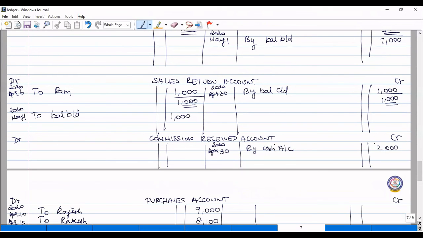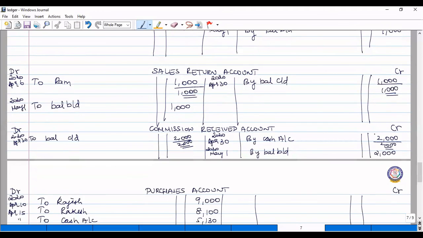Commission received, we have received a commission of rupees 2,000. So month end April 30th, when we balance it, to balance carried down, we will have 2,000. And on May 1st, we will have the balance brought down as 2,000.